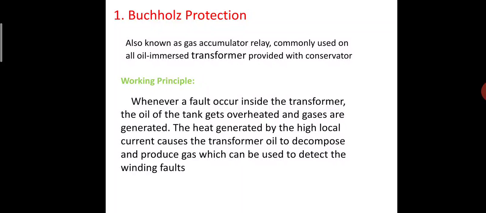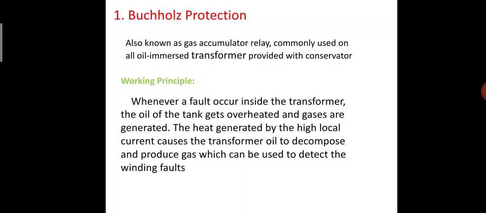When a severe fault like a short circuit occurs in the transformer, a large volume of gases is generated which rushes fast to the conservator through the relay.